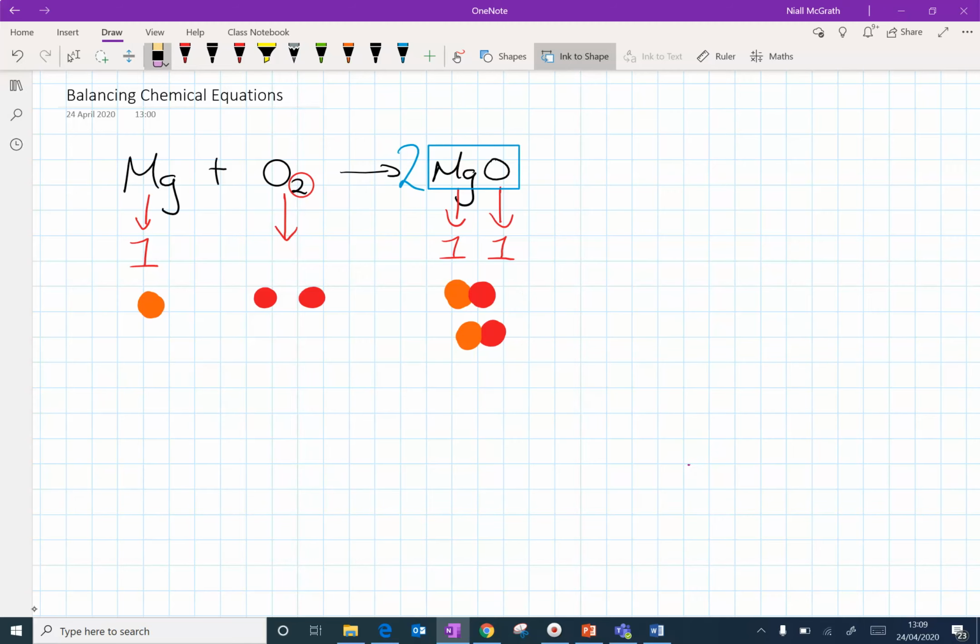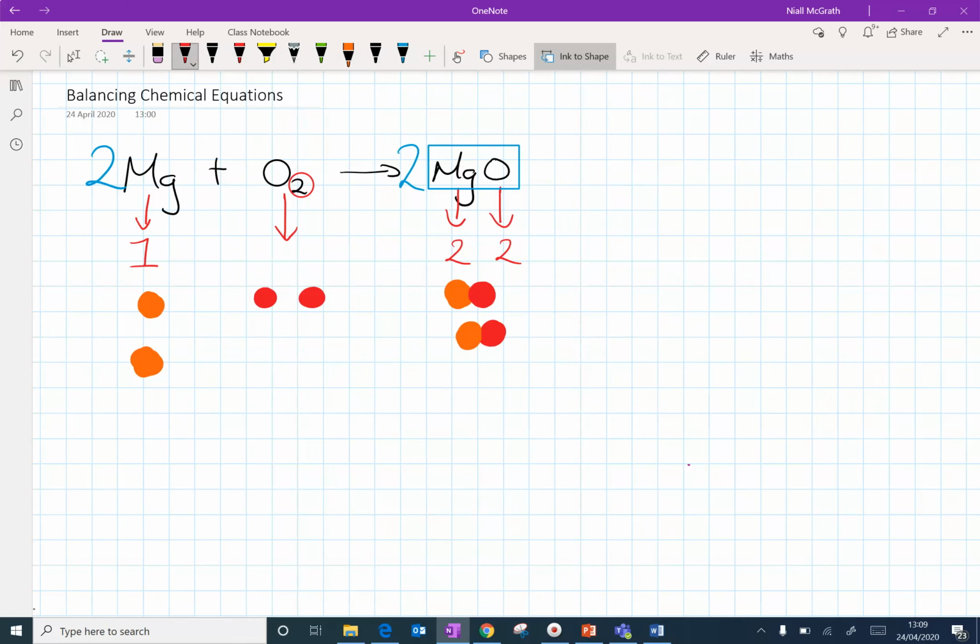What that does mean now, though, is that you have 2 magnesiums, which means on your left hand side, when you go back, you have to do a final check to make sure that it all adds up. You see now that your magnesiums don't balance. The simplest way to rectify that is to put a 2 in front of the Mg, and then you're going to have a second magnesium.